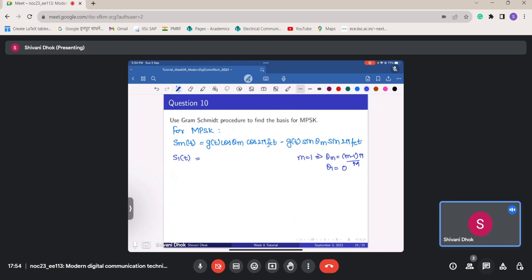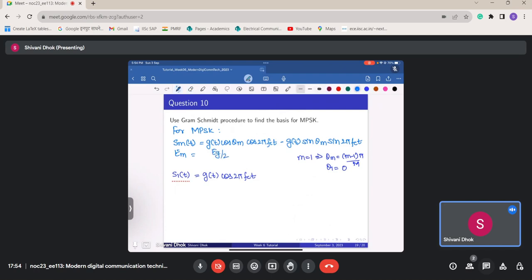So s_1(t) will be equal to g(t) cos 2πf_ct, and another thing we know is that the energy E_m is equal to E_g/2.